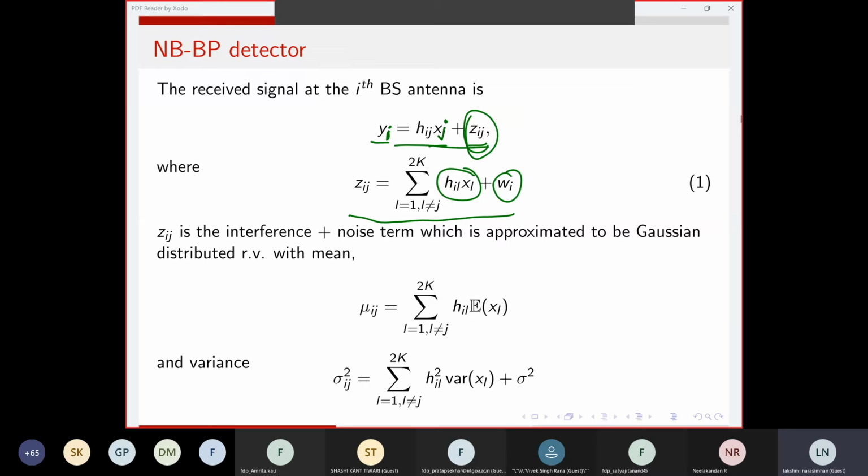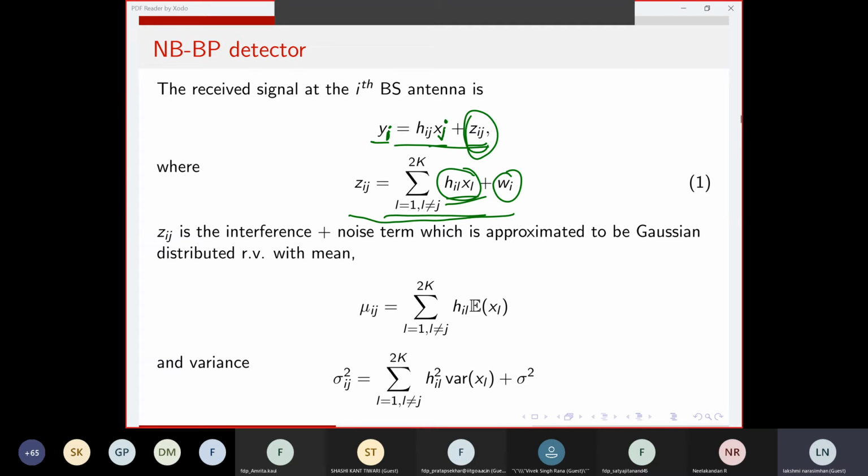Now, because this is a massive MIMO system where the number of transmit signals is huge, let's say there are 100 users at a base station, all the users are transmitting independent signals. Because these variables are independent, we'll use the central limit theorem and approximate this entire summation as a Gaussian distributed random variable.